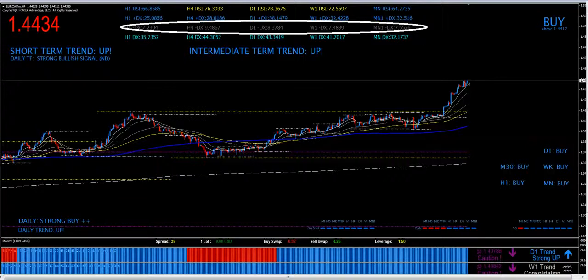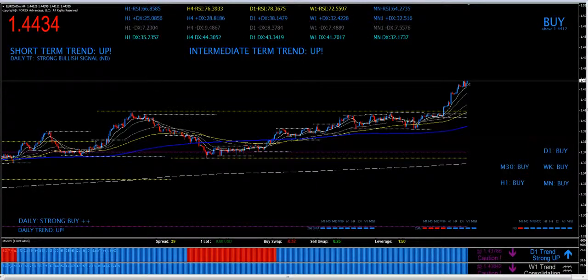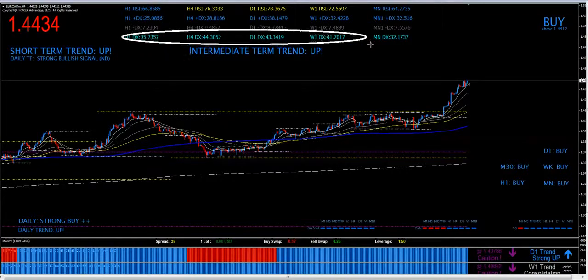And then right below your minus DX, you have the ADX signal. We know the ADX signal is what tells you the strength of the trend. So if the strength of the trend is 25 or more, then this is the color you're going to get.